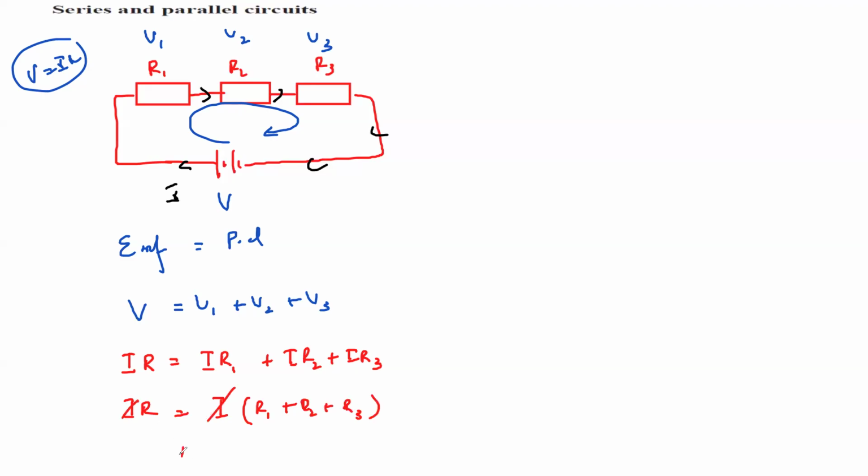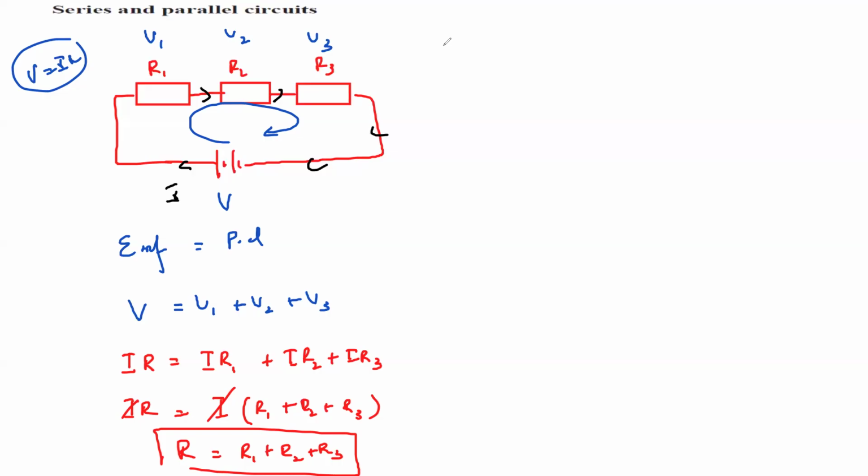I will cancel with I, so the total resistance of the circuit will be the sum of the individual resistances. So R equals R1 plus R2 plus R3. Whenever two or more resistors are connected in series and we want to find the combined resistance, that is in a series circuit.